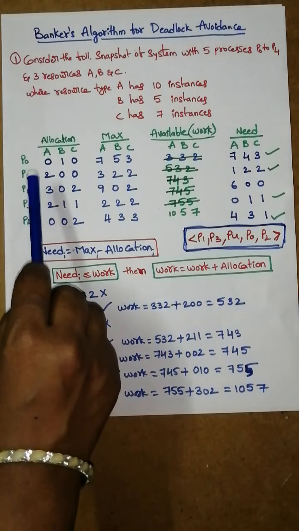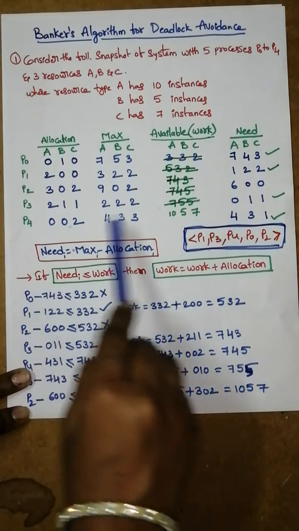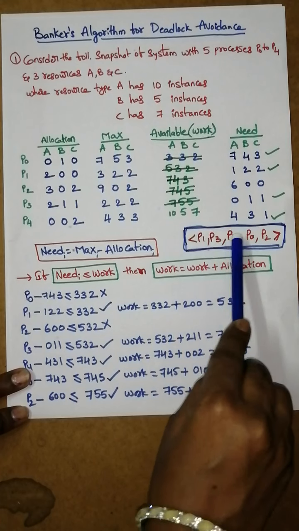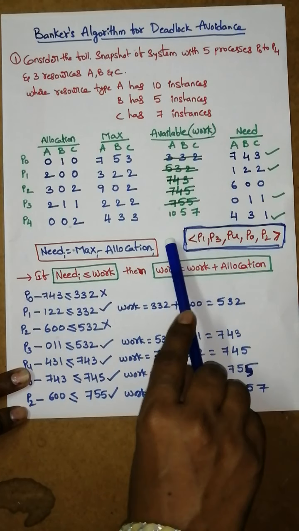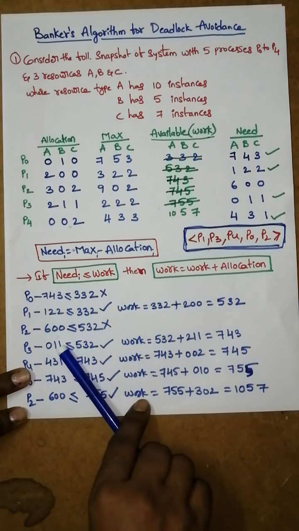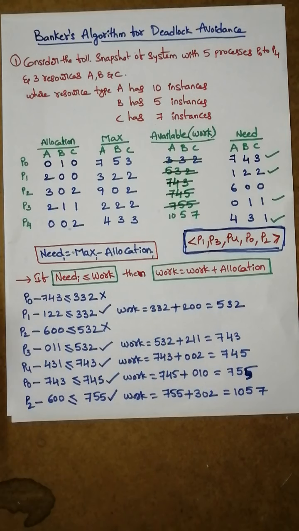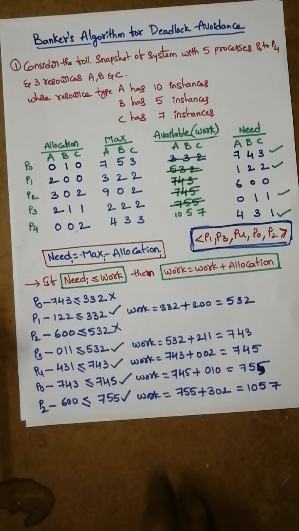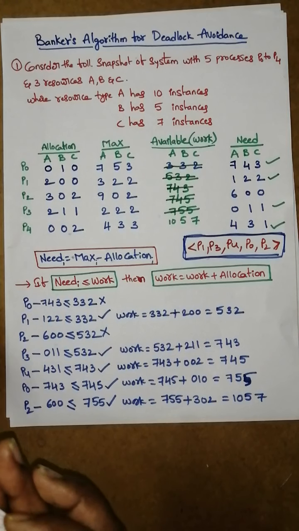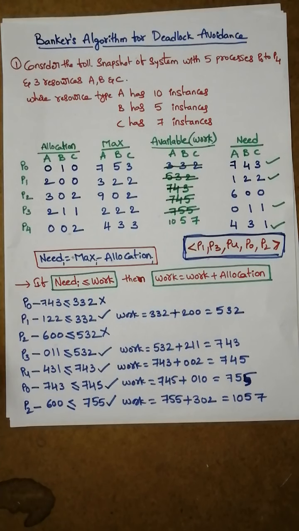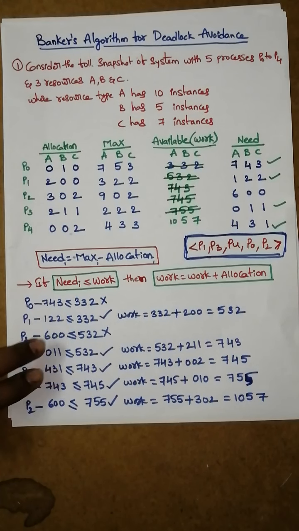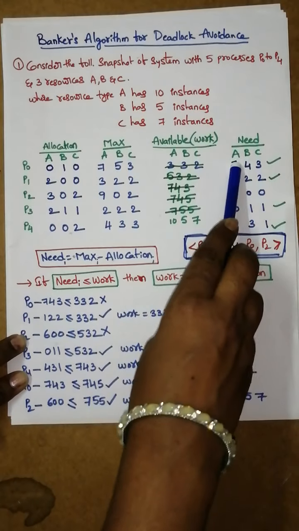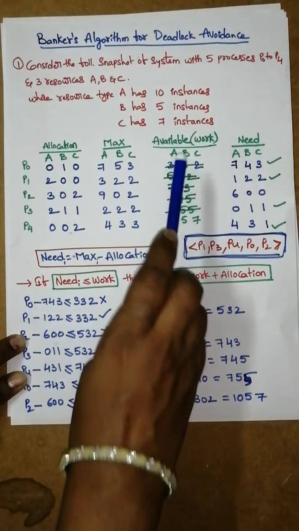So instead of executing as P0 to P4, you execute in this way, that is P1, P3, P4, P0, P2. If you execute in this sequence, we'll avoid the deadlock. So this is called Banker's algorithm to avoid deadlock. Now let's see why it is called Banker's algorithm. In the example we gave resources only to those who asked for less than the available.